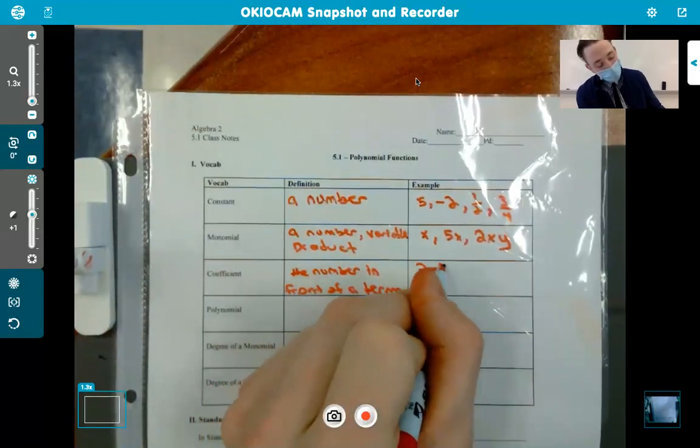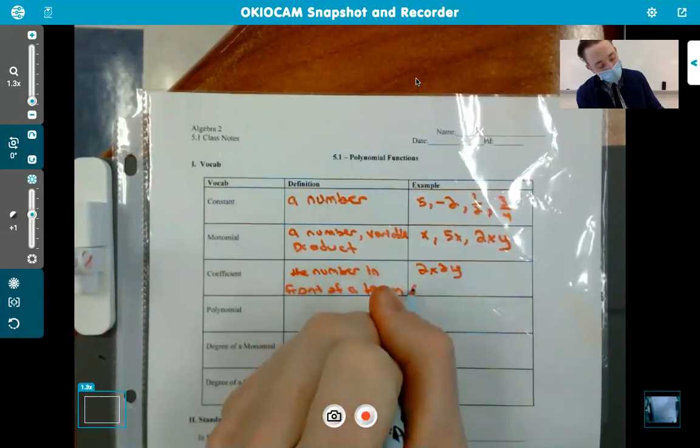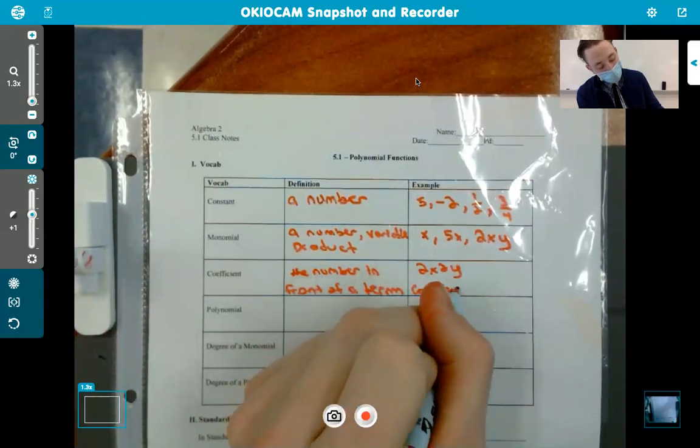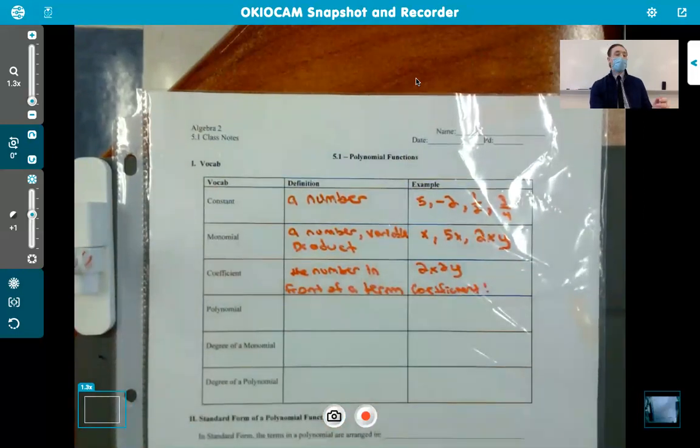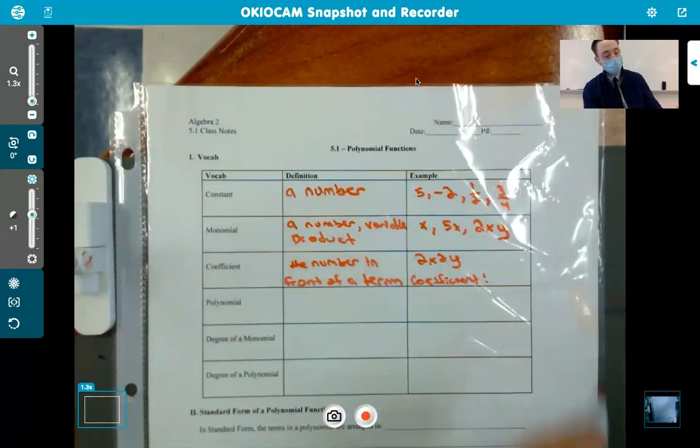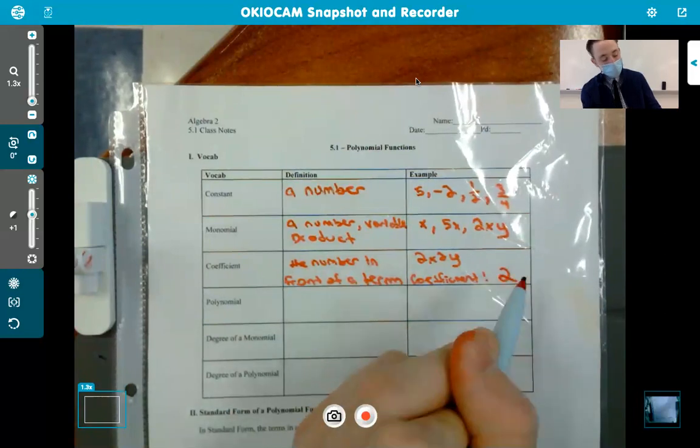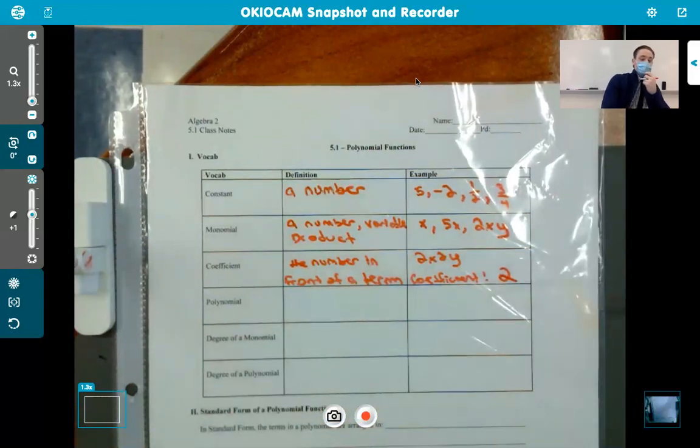So if I look at like 2x squared y, what would be my coefficient? 2. And on your homework tonight, you're going to have to list out what the leading coefficient of a polynomial is going to be. So tonight's homework is a lot of just categorizing, which we're going to get to a little bit later on today. But just so you're aware, what a coefficient is, obviously it's that number that's going to be in front. And you're going to be asked to kind of find that later on.